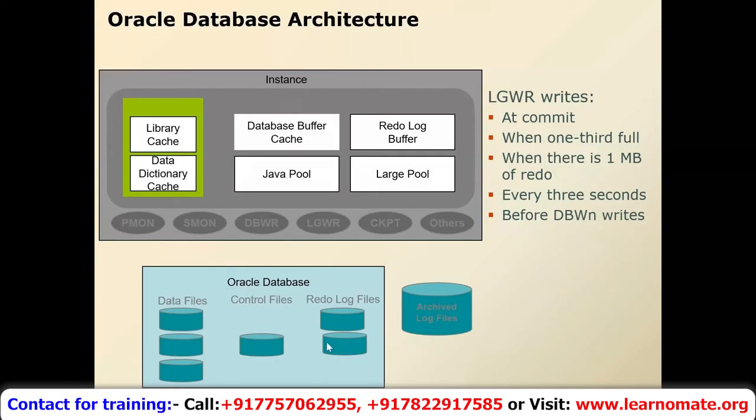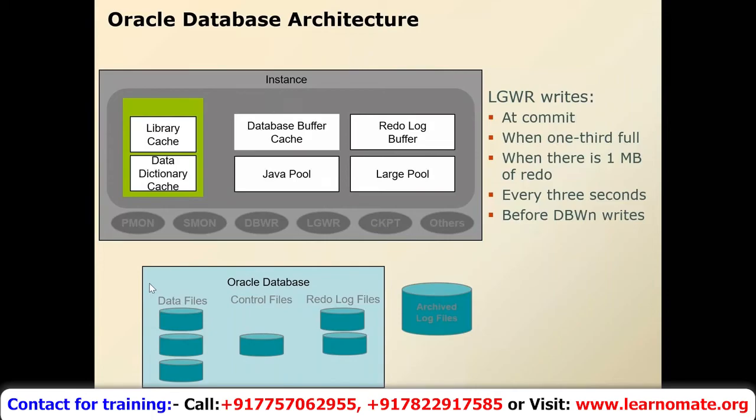Now the Oracle database contains files. There are three kinds of files: data files, control files, and redo log files. Data files are the actual files where the data is stored in the database. So say for example, you are in your SQL Developer and you do select star from the employee table.